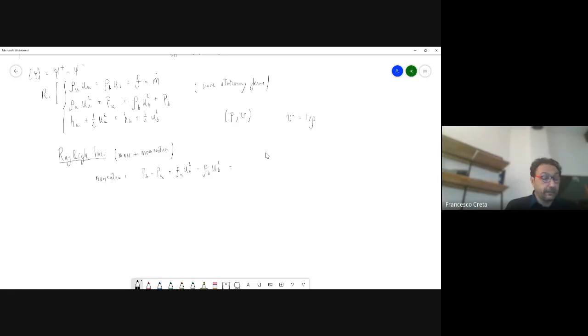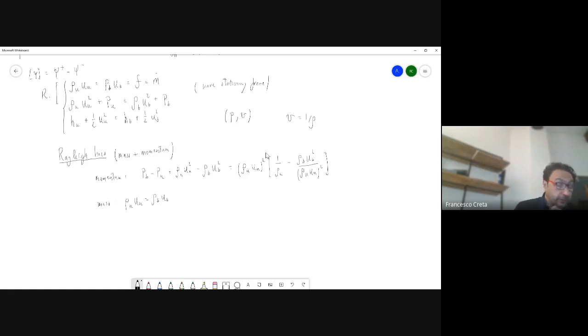We can rewrite this by factoring out rho U all squared, which multiplies 1 over rho U minus rho B UB squared over rho U squared. Long story short, we're then going to use the conservation of mass, rho U is equal to rho B UB.